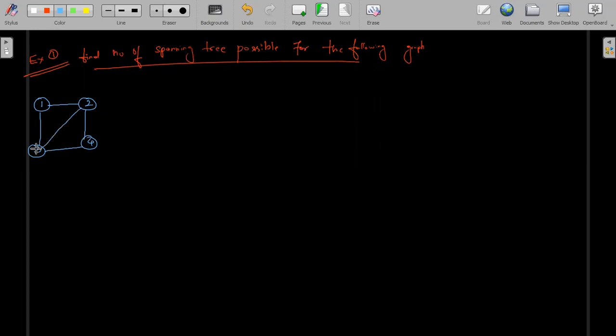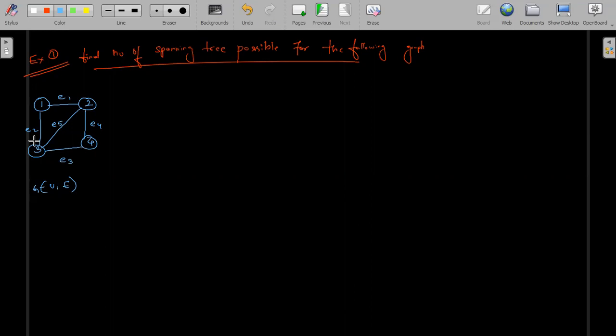So this is a graph G equals (V, E). The edges are E1, E2, E3, E4, and E5. Now, how many spanning trees are possible? We have to identify.